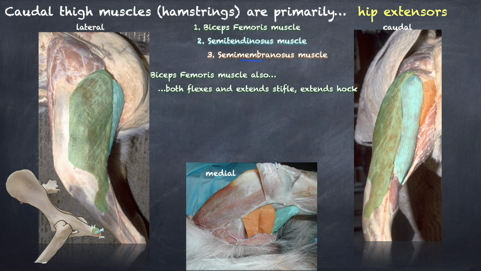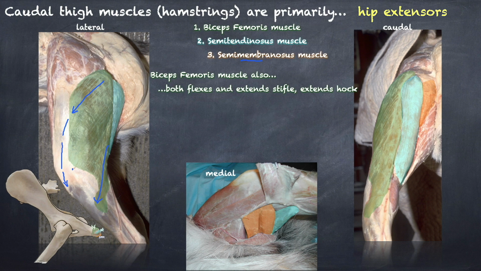We can see these more caudal muscle fibers are coursing down here, more caudal to the crus, are going to cause flexion of the stifle, whereas those that are more cranial going into the deep femoral fascia are going to cause extension of the stifle. Okay.